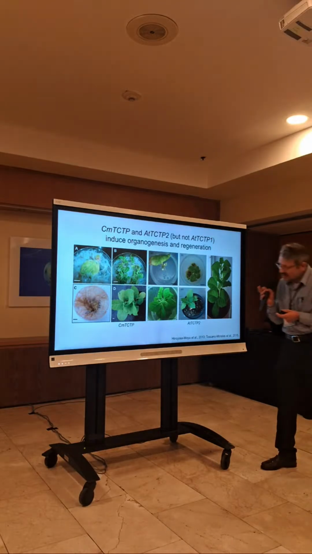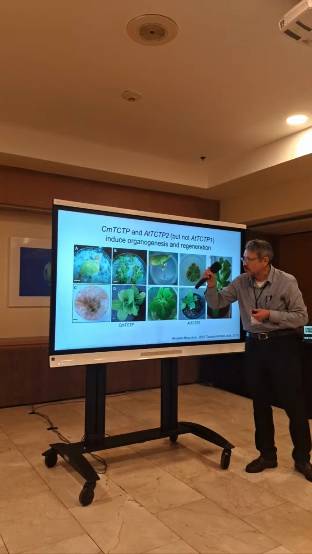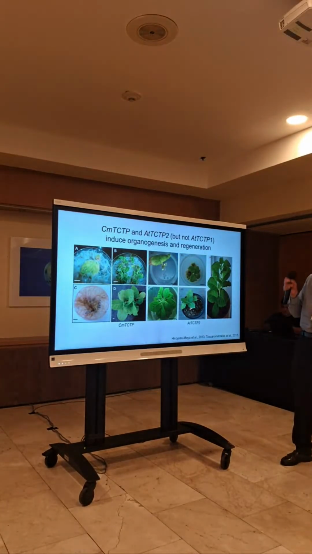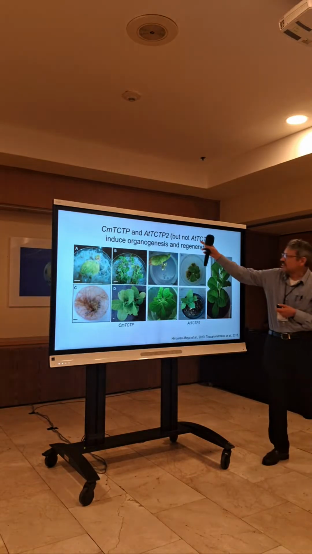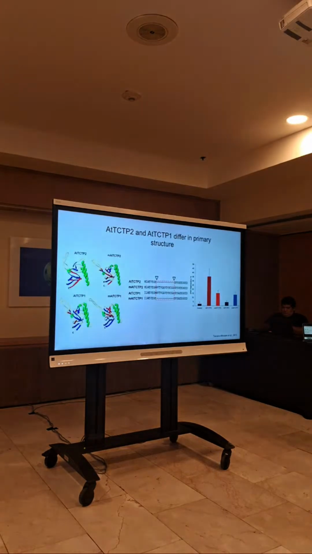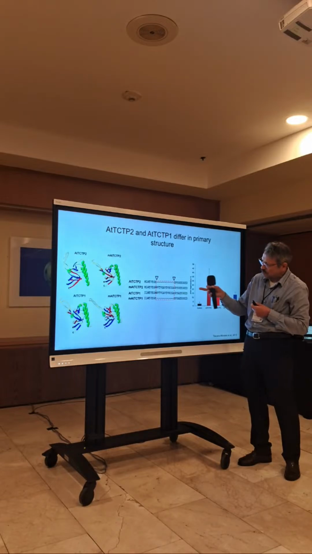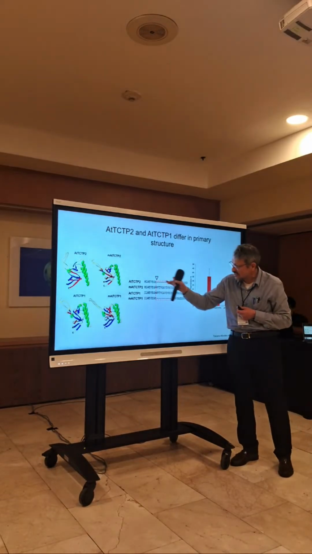Now, an interesting fact is that this protein, and also the pumpkin phloem protein TCTP, induce plant regeneration or organogenesis, but not TCTP1. So that also underlies the different division of labor of these genes. And they have very similar structure. The sequence is almost the same, except for this deletion.